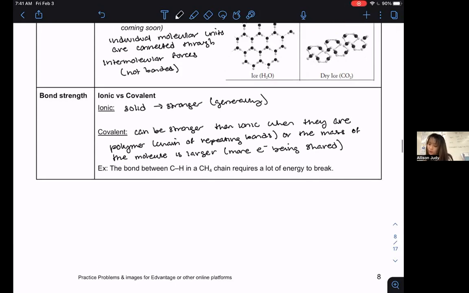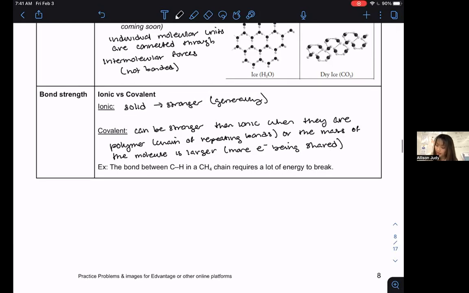So for example, the bond between CH4 chain requires a lot of energy. So if I had a chain where I had just a bunch of repeating CH4s connected, okay, and actually it really becomes CH4s and then a 3 and then end with the CH4. I'll explain why that matters in a little bit, okay? But essentially, repeating similar structure over and over again, okay?